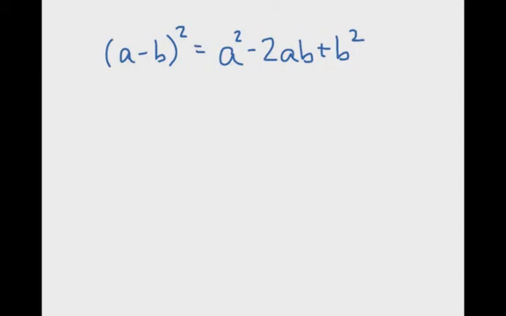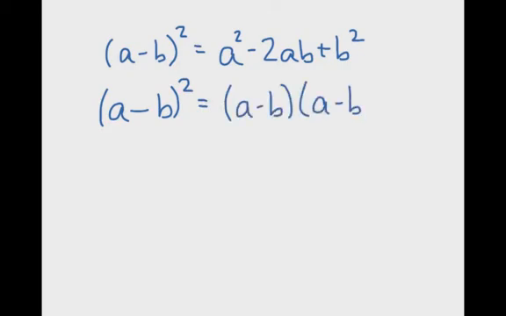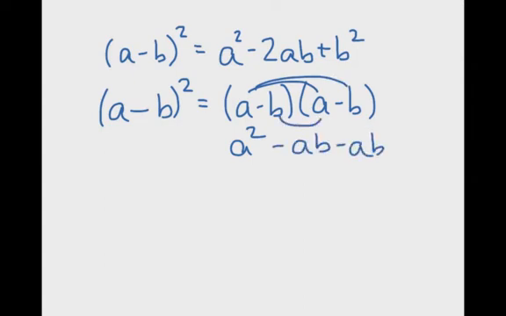We're going to FOIL this out to check and make sure this actually works. It should be a minus b squared. Since it's squared, we take a minus b times itself 2 times. A times a gives us a squared, minus ab, minus another ab.